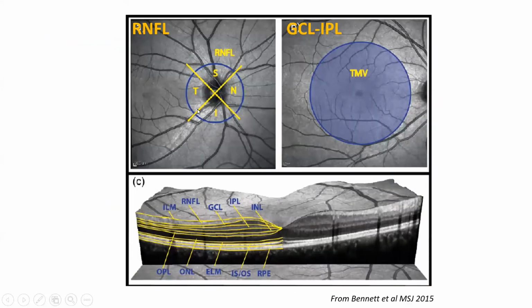The two most important procedures in OCT are the peripapillary circle scan, allowing us to measure the retinal nerve fiber layer, which is composed of axons leaving the ganglion cells and merging towards the optic nerve head. The ganglion cells are best studied in the macular scan, allowing us to measure both the ganglion cell layer and the inner plexiform layer, which is the synaptic layer.